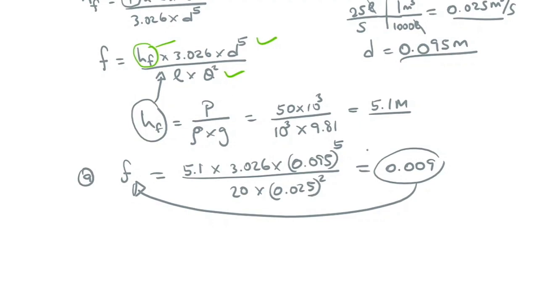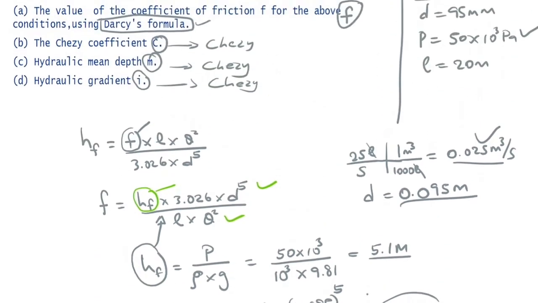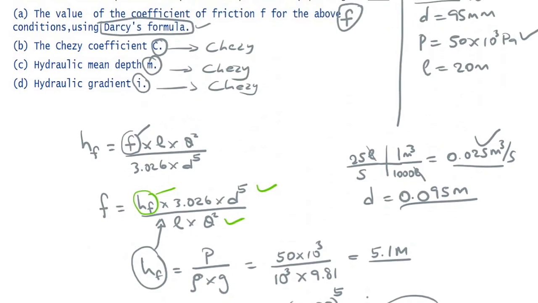Then we find the coefficient of the friction, that is A. Then we proceed to B. In B we must find Chezy's coefficient. Before we find Chezy's coefficient, we have to find M, the hydraulic mean depth, and the hydraulic gradient. After we find these two, we go back to find C. Let us find the hydraulic mean depth first.